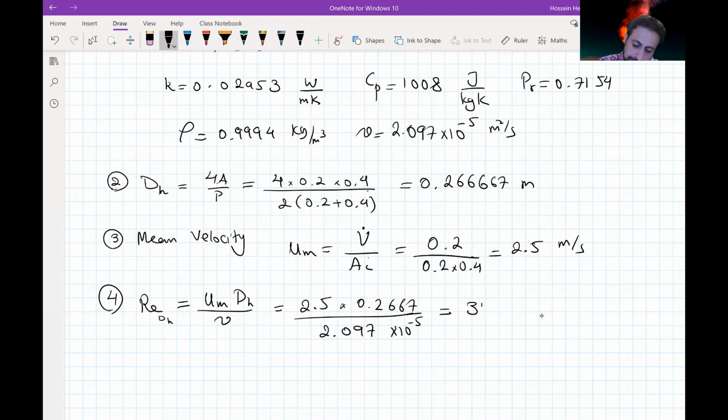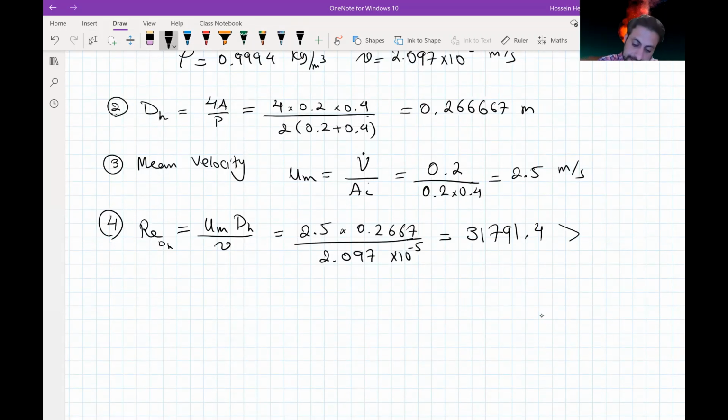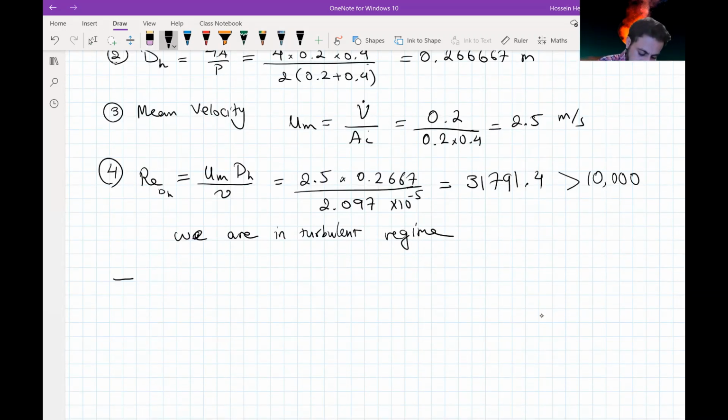That gives 31791.4, which is greater than the critical Reynolds number for turbulent flow of 10,000. So we are in the turbulent regime.